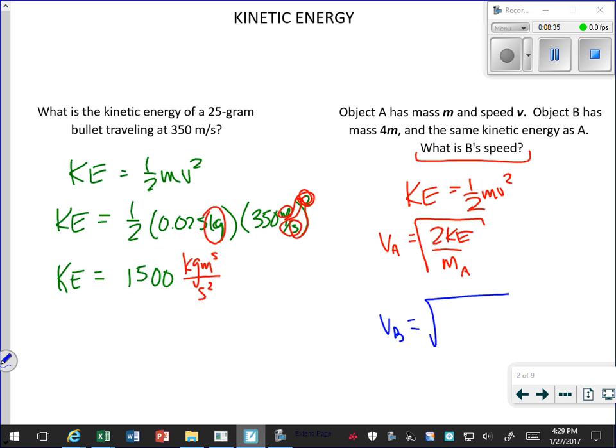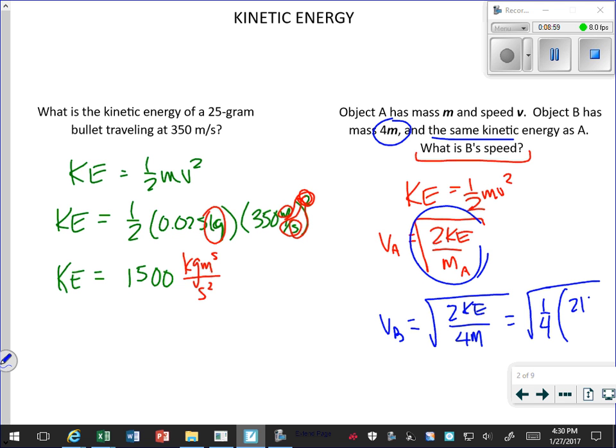Now B has the same kinetic energy, but mass 4m. So the square root of 2 KE over 4m. Well, notice that's the same as this, except for the 4.